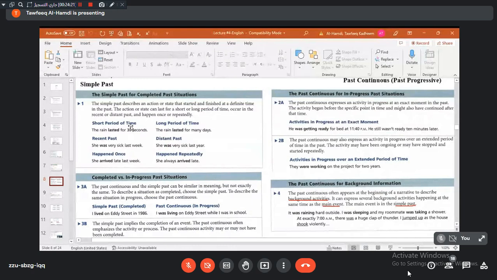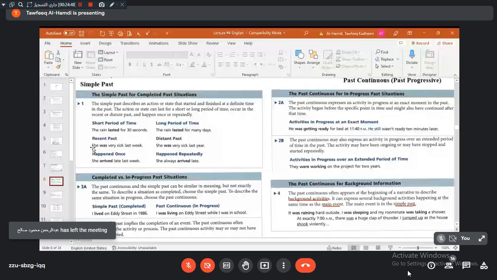When it comes to recent past, I can say, for example, she was very sick last week. When it's related to an action or state that happened once in the past, I can say, for example, she arrived late last week.